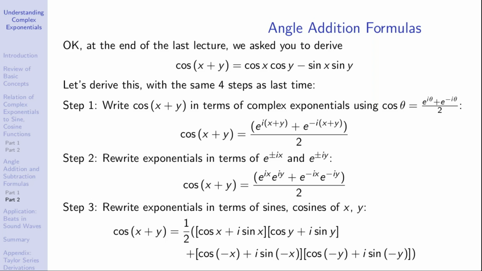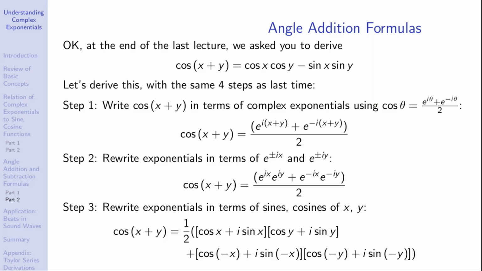Okay, step 3. We rewrite the exponentials in terms of sines and cosines of x and y. So the factor e to the ix becomes cosine of x plus i sine of x. The e to the iy becomes cosine of y plus i sine y.